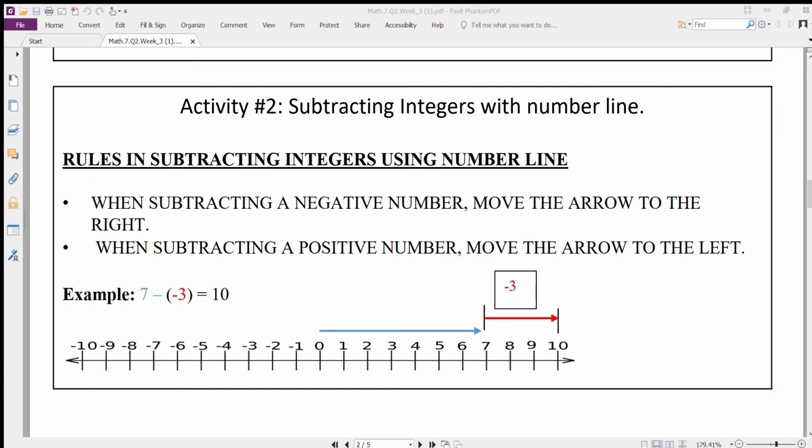As you can see, one sign becomes two signs. Then let's go back: negative 7 plus negative 5. This is the addition rule.